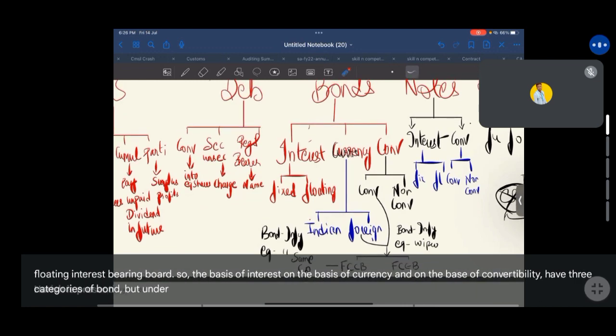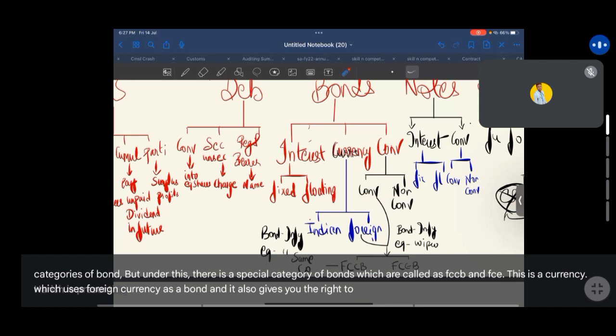But under this, there is a special category of bonds, which are called FCCB and FCEB. These use foreign currency as a bond, and they also give you the right to convert the bond into equity shares of the same company.